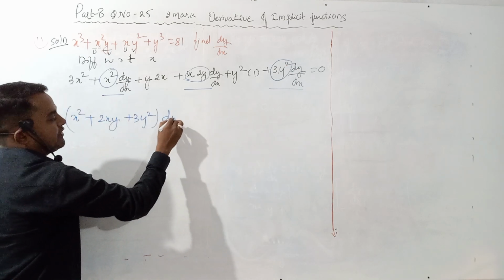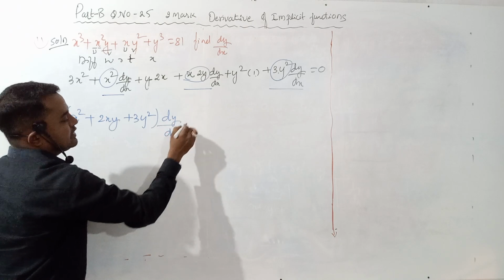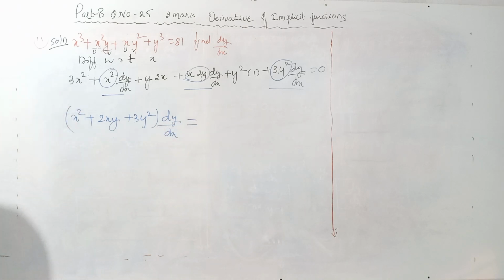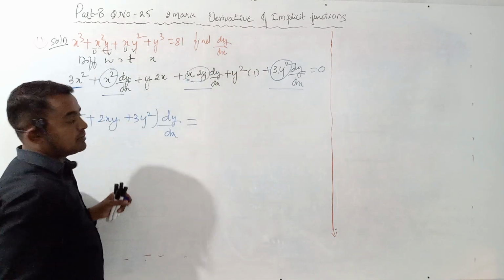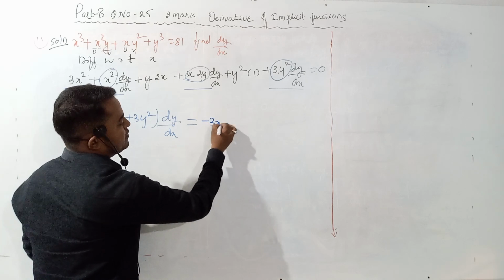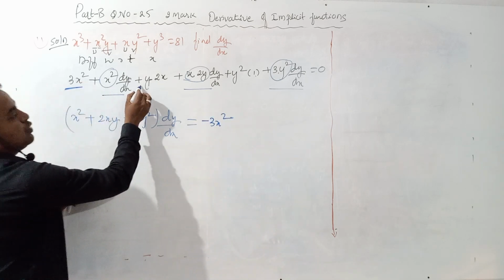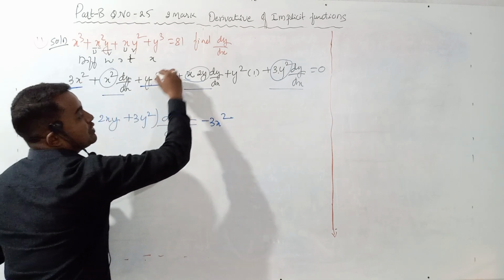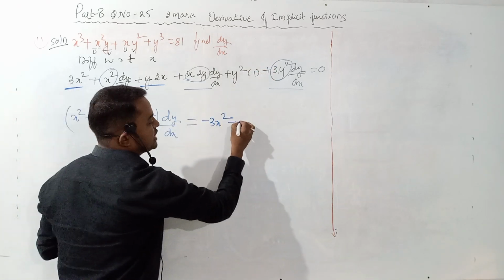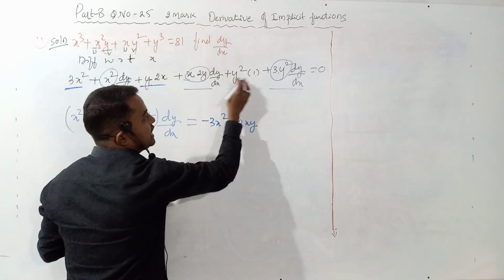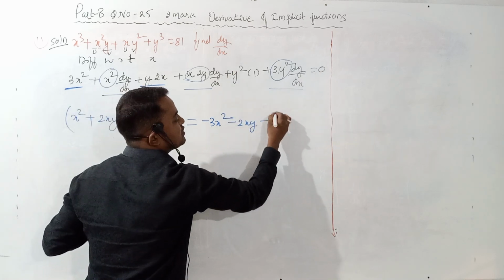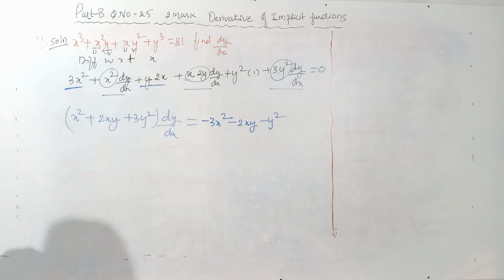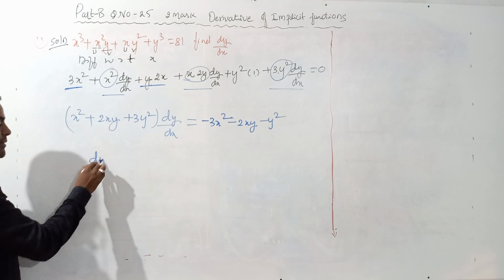Write the common dy by dx is equal to, this 3x square transposes to the right side, minus 3x square. Then 2xy transposes to the right side, minus 2xy. y square transposes to the right side, minus y square. Now solve for dy by dx.